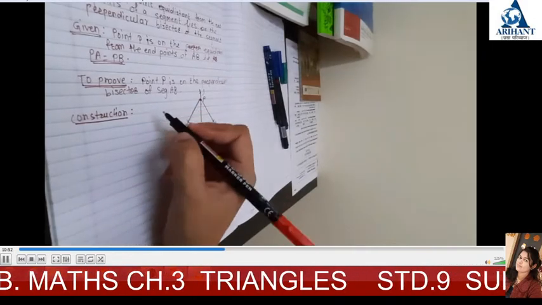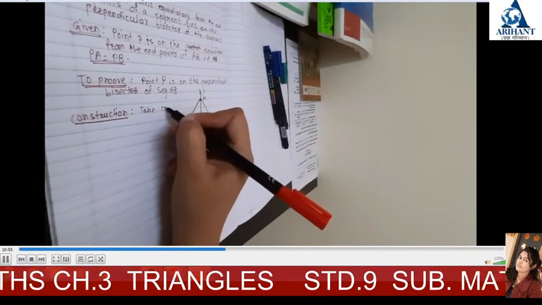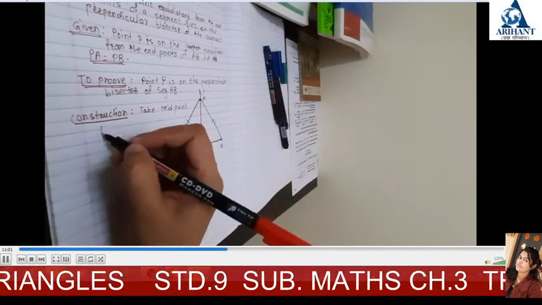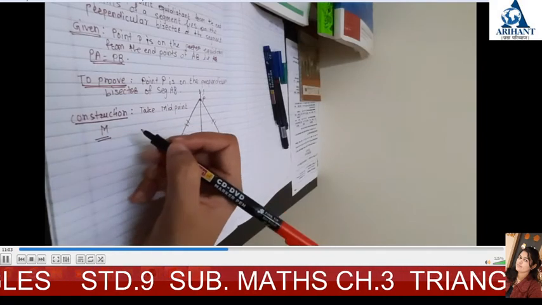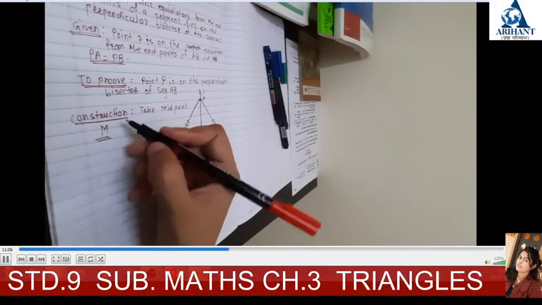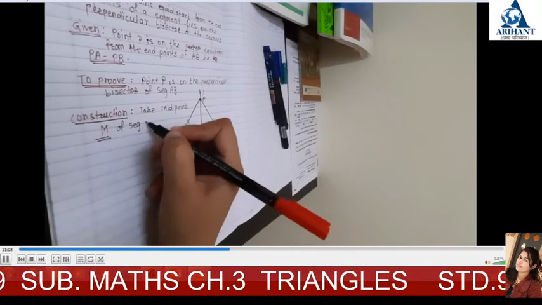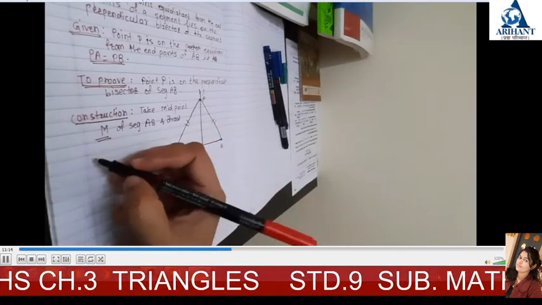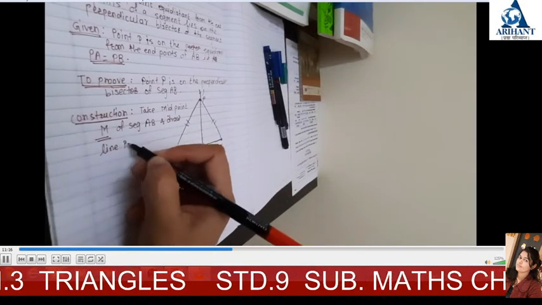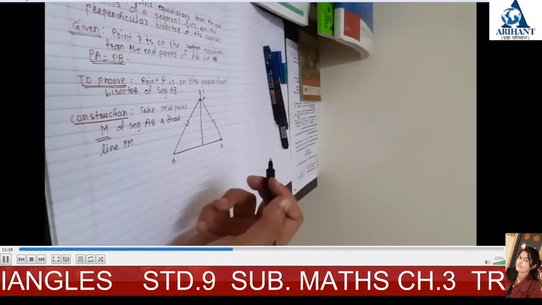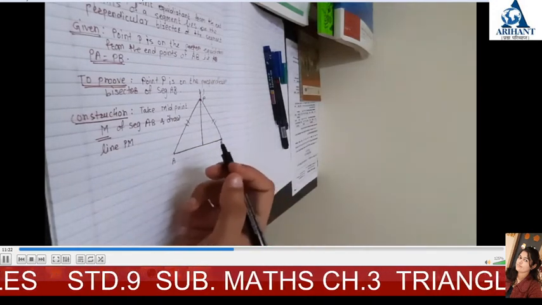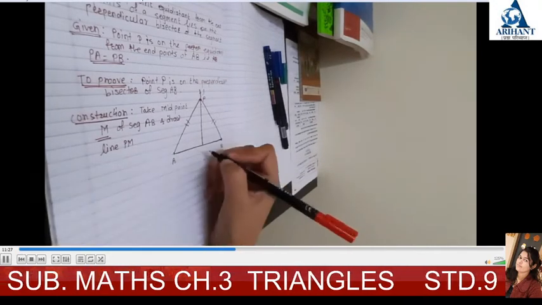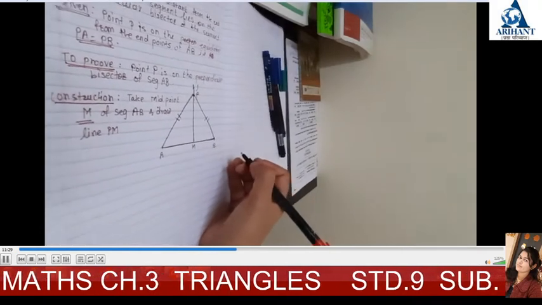Construction is: take midpoint M of segment AB and draw line PM. So this is M.